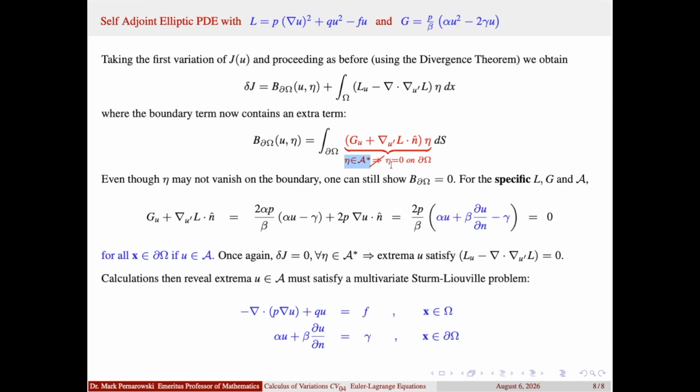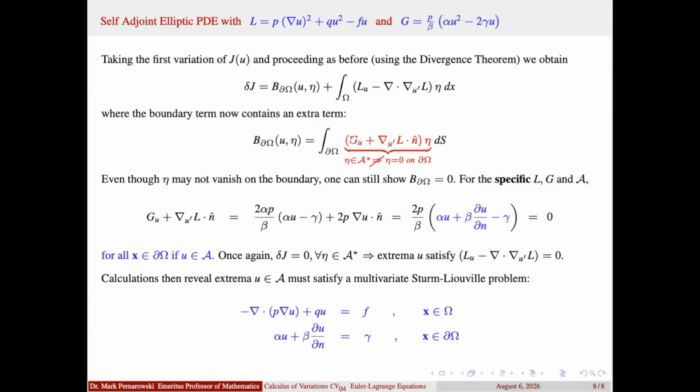So I can't just say, oh, eta's in A star, therefore this whole thing vanishes and we're done. However, even though eta does not vanish on the boundary, I can still show that this boundary term vanishes. And the reason for that is, for these very specific L's and G's, a little bit of magic happens.